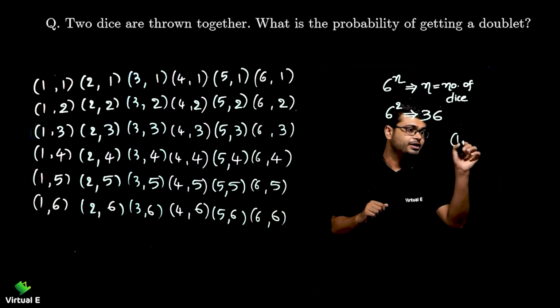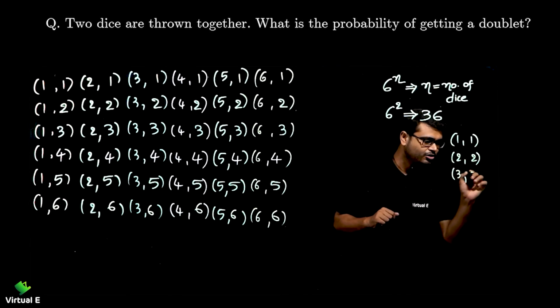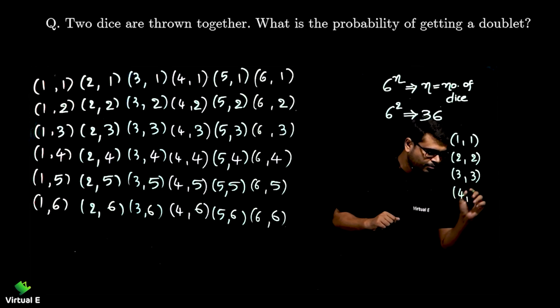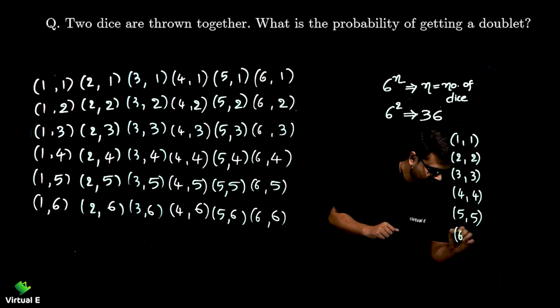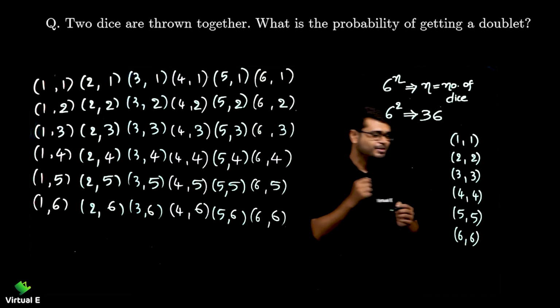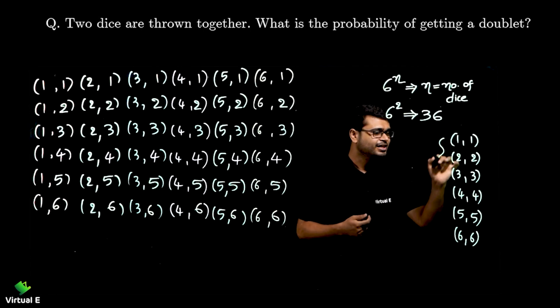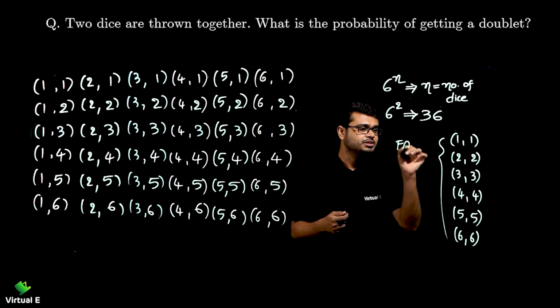Let me note down over here, 1, 1, 2, 2, then 3, 3, 4, 4, 5, 5, and finally 6, 6. If you can find more than this, good, tell me. It's not possible, basically, just pulling your leg. So how many favorable outcomes?